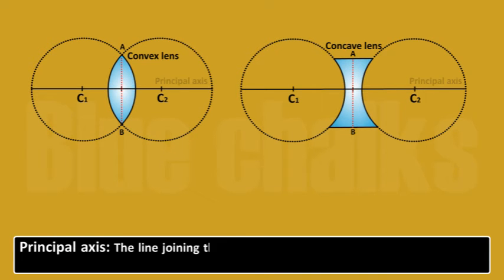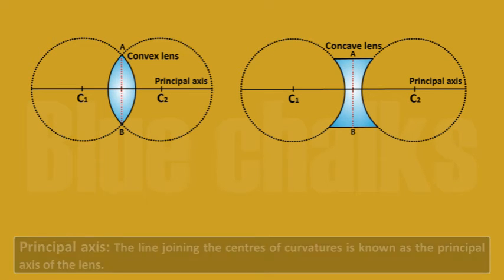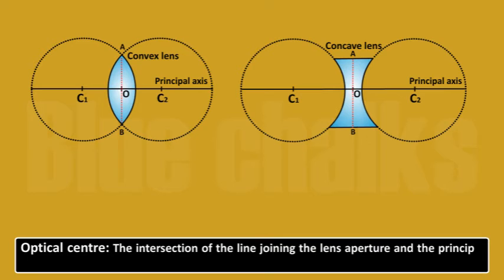The line joining the centers of curvatures is known as the principal axis of the lens. Optical center. The intersection of the line joining the lens aperture and the principal axis is called the optic center of the lens. The optic center is denoted by O.